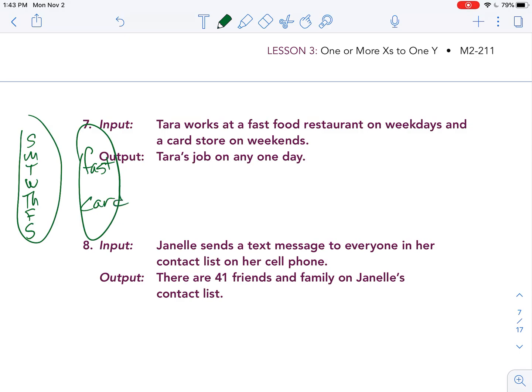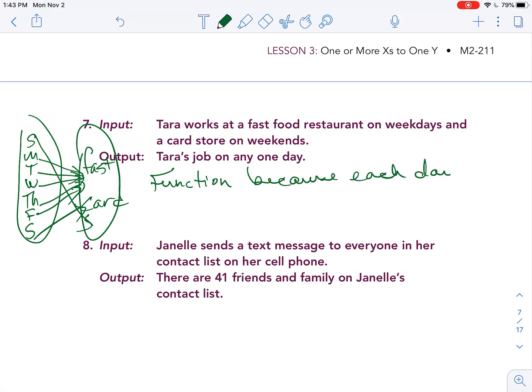The weekdays she works here, the weekends she works here. So, do any one of those days go to 2 different? No. So this is a function because each day she only goes to 1 job.